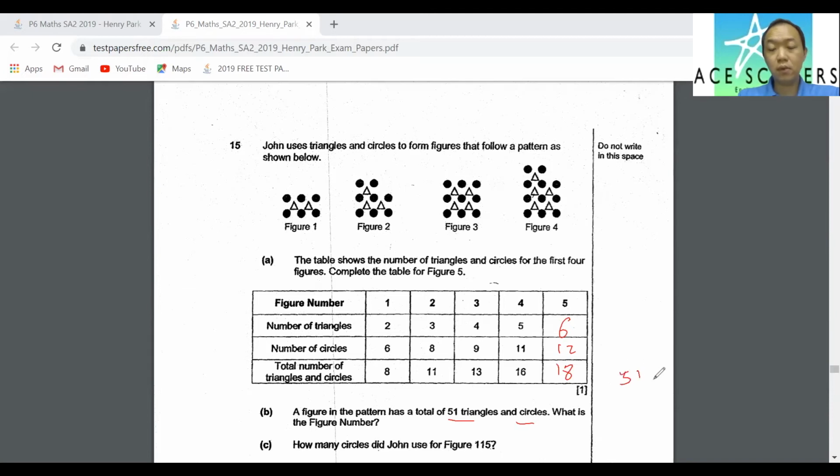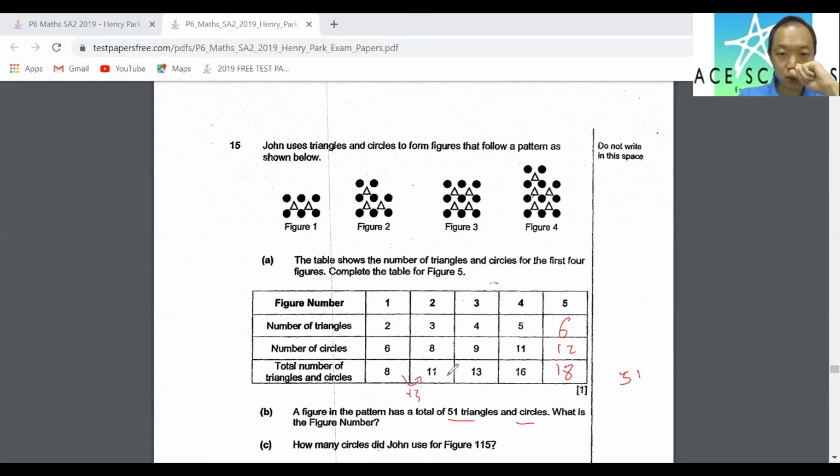So the difference between triangle circles 4, 5, 4, 5, 5, 6, 6. No, not useful. Okay, I'm trying to look for pattern.